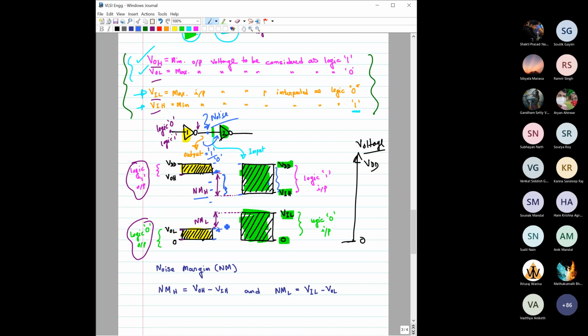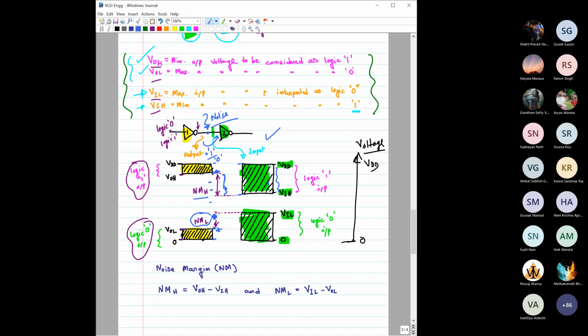Still we have this much room by which noise can change this voltage level, but it can still be treated as logic 0 by the next gate. So this is the margin by which noise can perturb the signal, but still will not disturb the operation of these two gates.